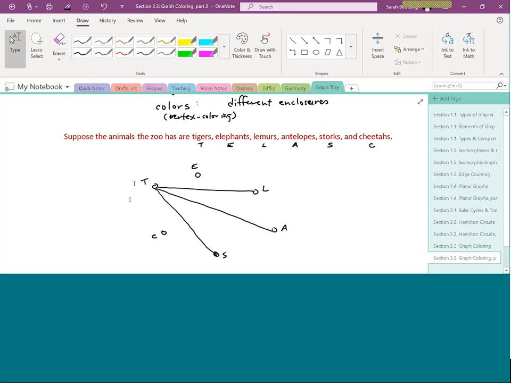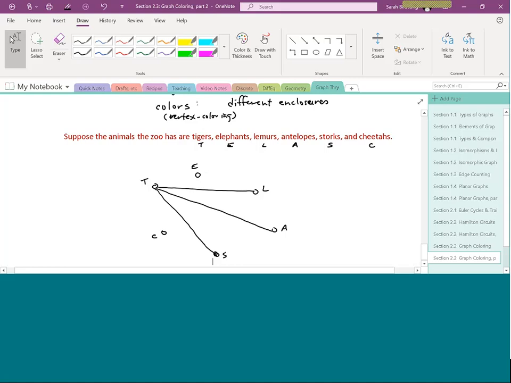Okay. So then we move on to elephants. What do you guys think? If we look at this in terms of elephants being problematic to anybody, do we think elephants are probably okay? Yeah, I would agree with that statement. Elephants are probably pretty cool with being in any of these different enclosures.